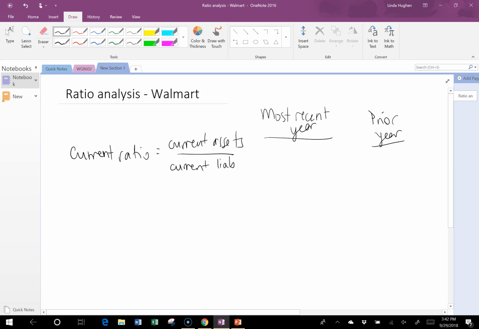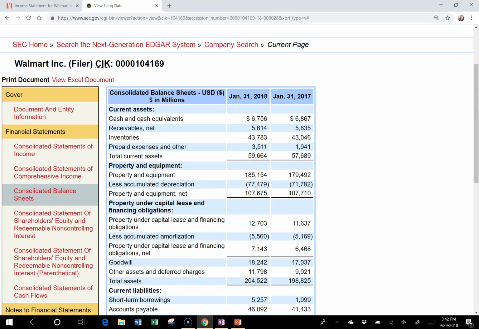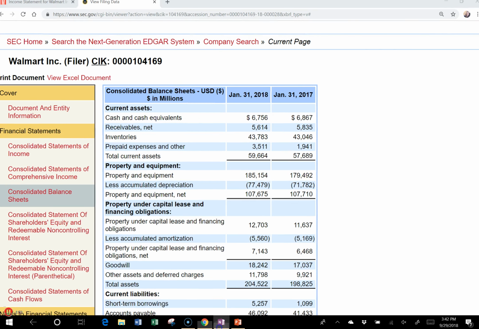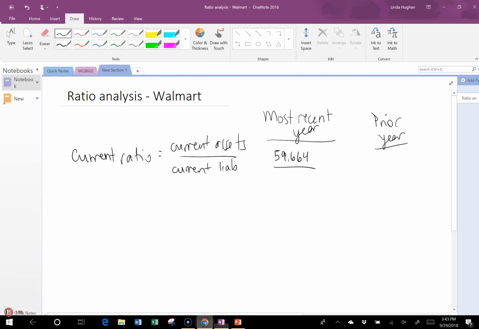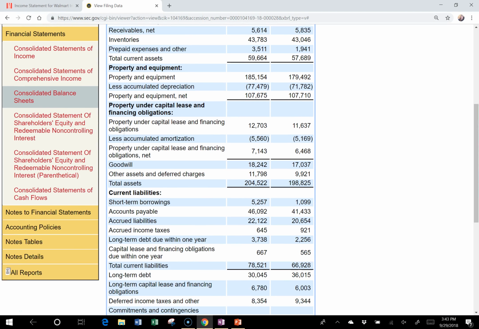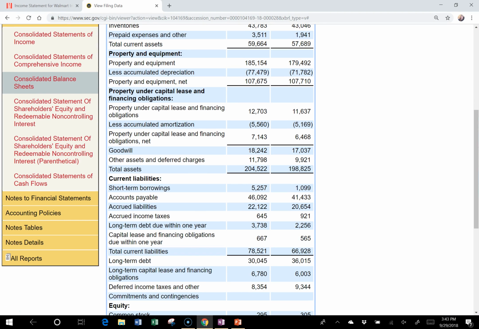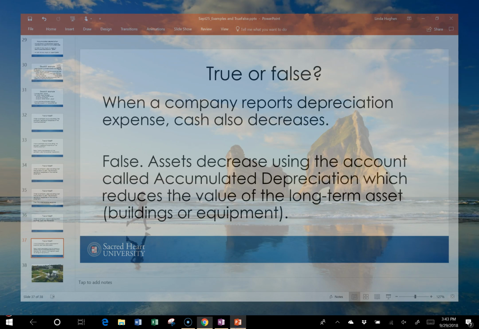So let's see what these numbers are for Walmart. Current assets, I see here in this cell, 59664. Go back to the balance sheet for the current liabilities, and I see right here total current liabilities 78521.